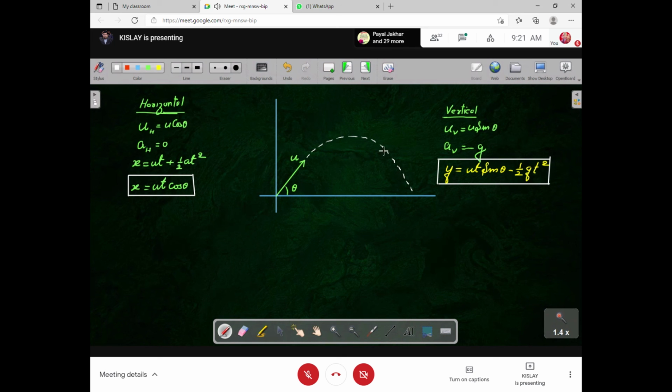I'm talking about the x, y coordinate. Then the value of x is this and the value of y is this. Sir, your voice is not coming clearly.